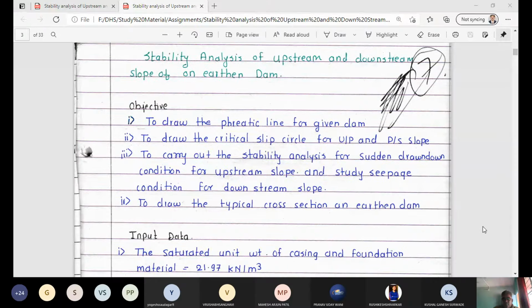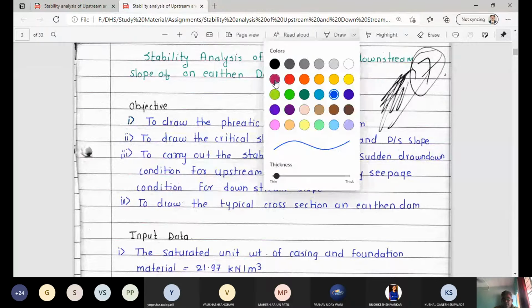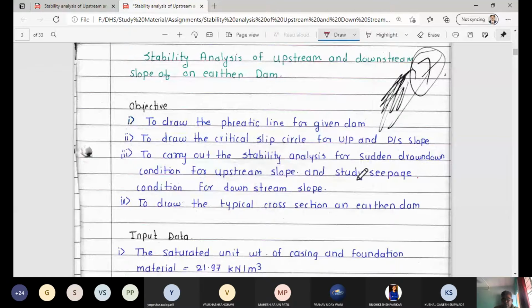So this is a very important part actually. To carry out the stability analysis for sudden drawdown, I have to use the pen. So let us note it down in your notebook: the stability analysis for the sudden drawdown condition for the upstream slope, and to study the seepage condition for the downstream slope.